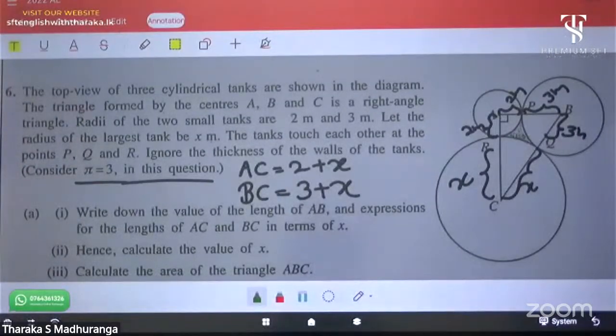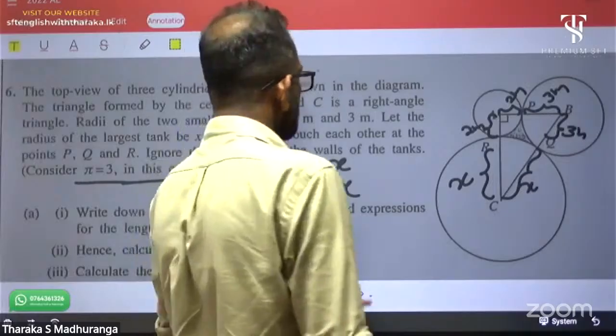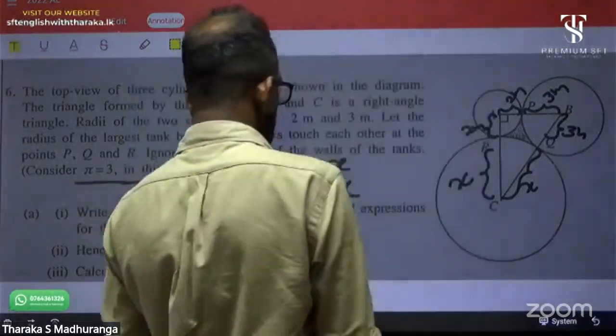The x length is being asked. You can use Pythagoras theorem, right?